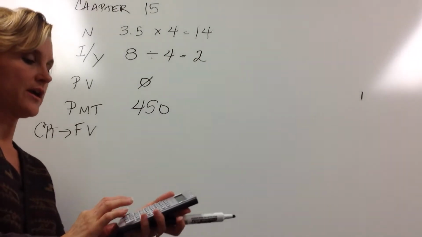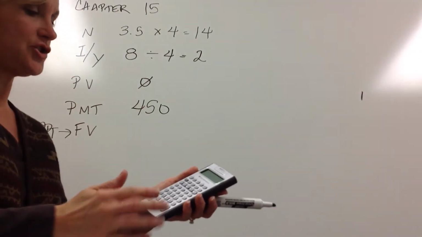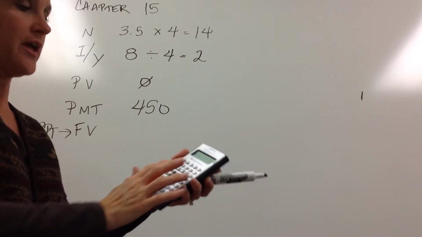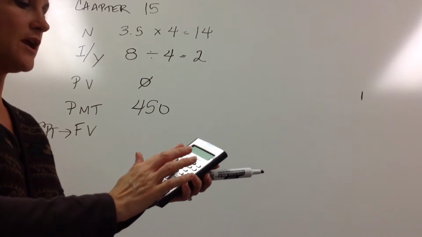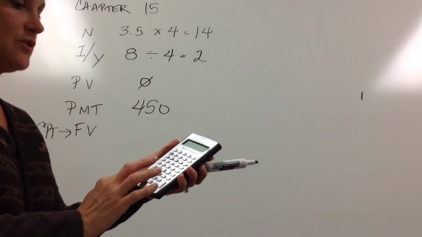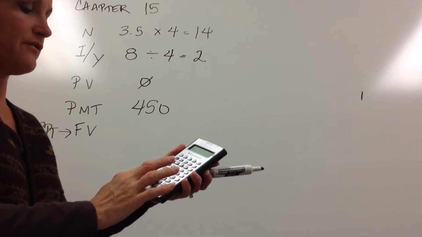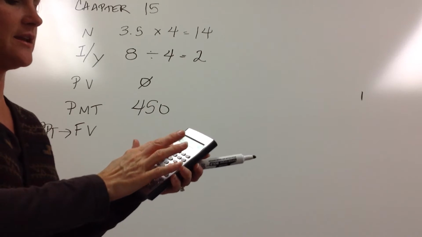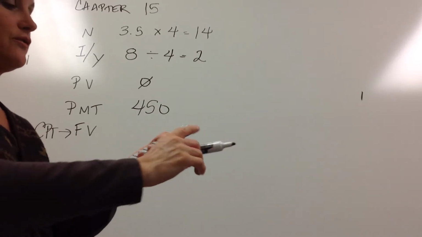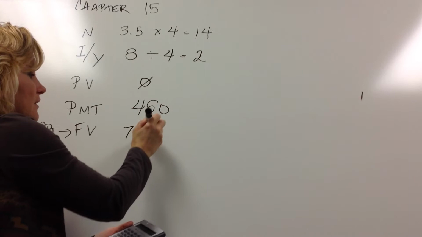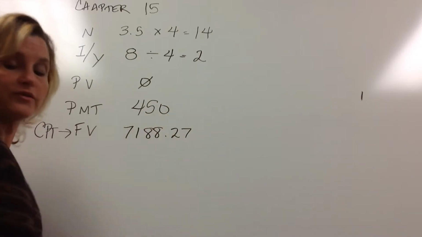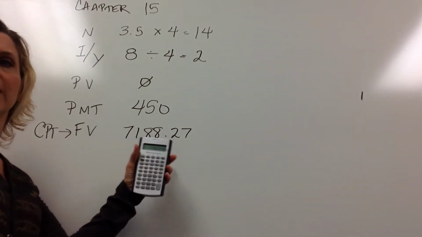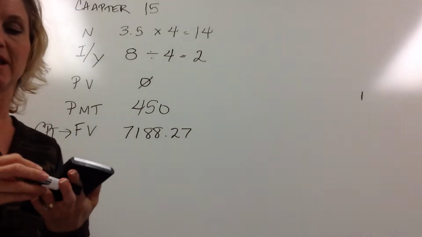So if we put those into our calculator, same way we did it in chapter 14, you push the 14 and then push your N button, the 2 and then you push your I/Y button, 0 for your present value, 450 is your PMT or your payment, and then hit compute, and then your future value. So after 3.5 years of saving, they would have $7,188.27 in their IRA.